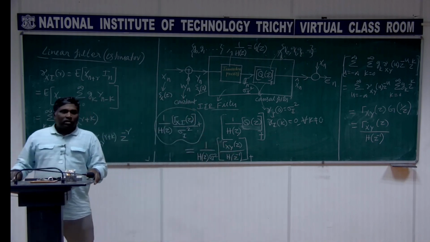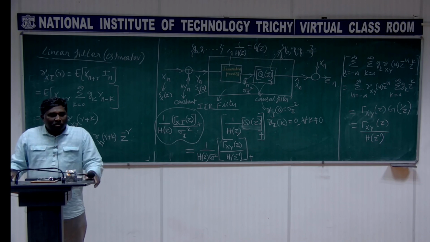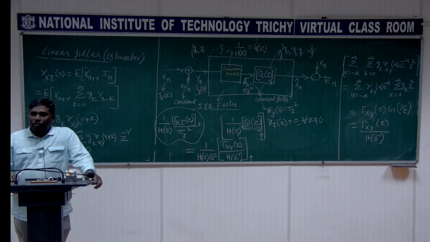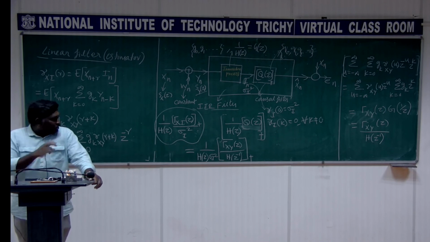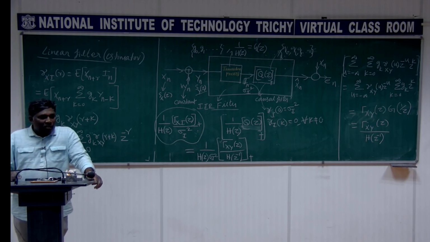To know about it, we need to know the spectral density of x and y. They are related like this only. If you expand it, the autocorrelation is related with what? X and y. So I can use it for finding out this spectral density. So I can substitute here, and I can find out this causal part, and I can find out what that transfer function is.